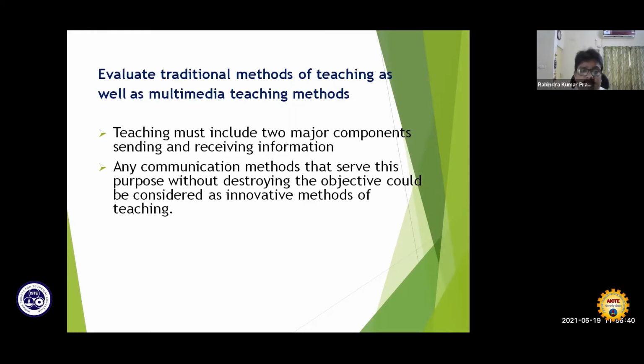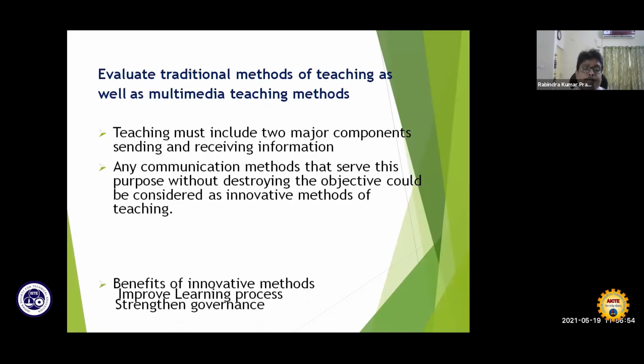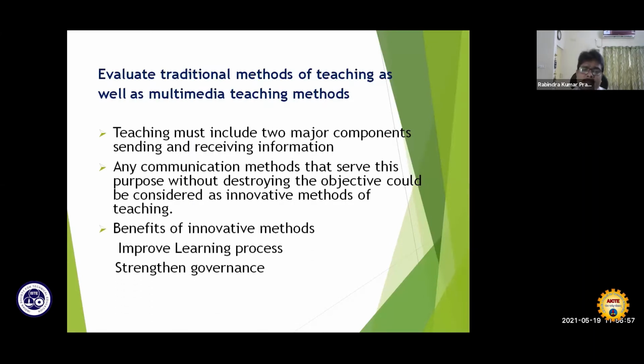So therefore, any communication methods that serve this purpose without destroying the objective could be considered as innovative methods of teaching. The benefits of innovative methods talk about improving the learning process and strengthening the governance.